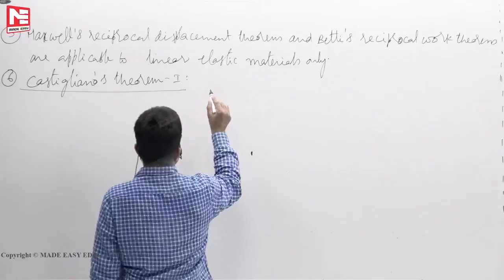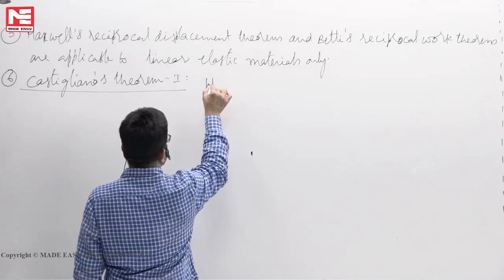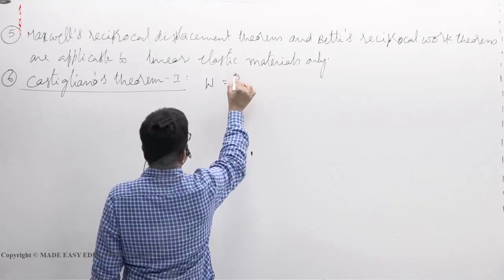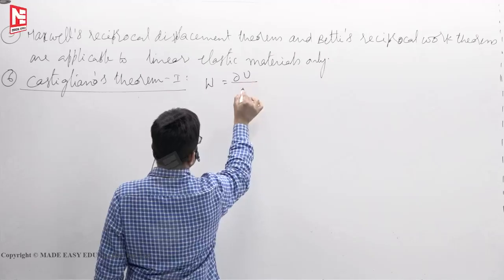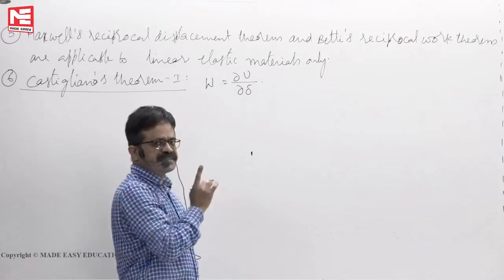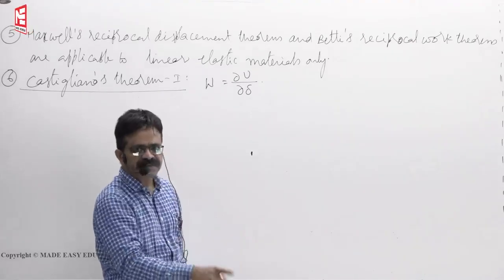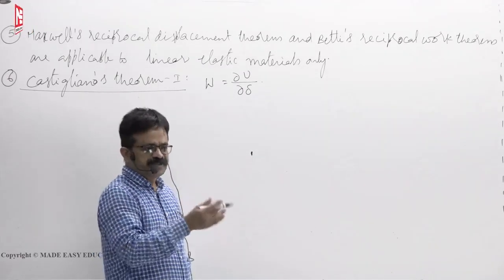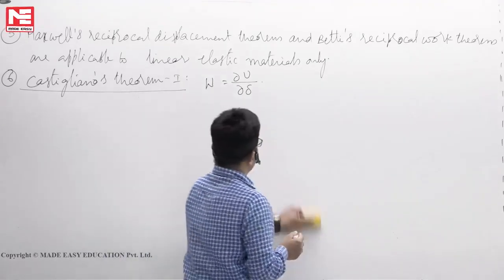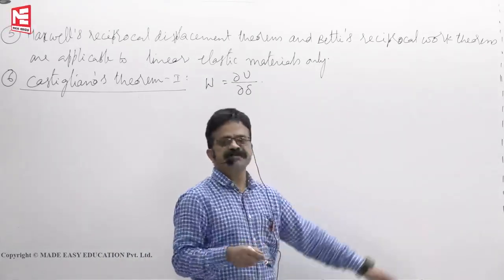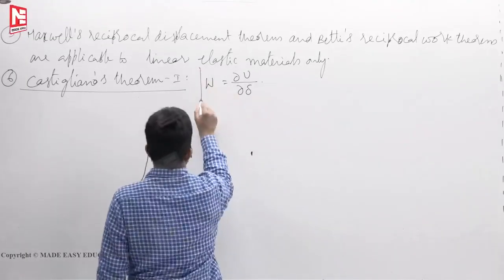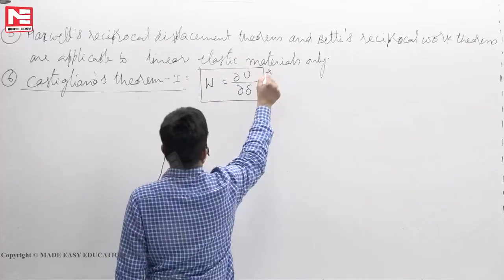Castigliano's theorem 1 tells you that if you want to find the resistance at any point, the first derivative of energy with respect to displacement at that point gives you the resistance at that point in the direction of the displacement. That means how much resistance was developed in the member. That resistance may be equal to the applied load. So this is what theorem 1 tells you.